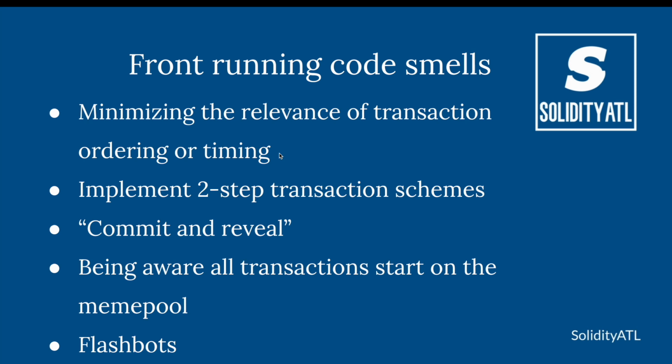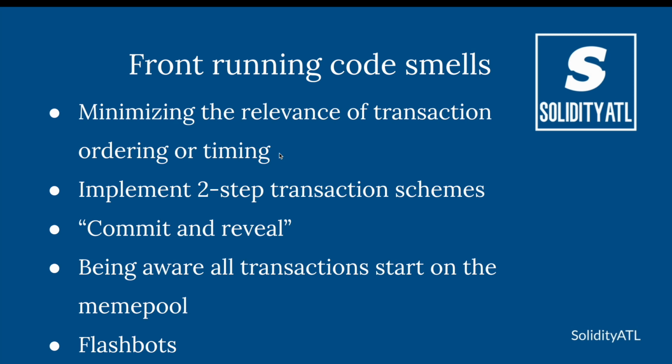For example, you may hear a two-step transaction scheme such as two-step claiming. If someone has the ability to claim, let's say, some funds out of a smart contract, they may need to first submit a request to make this claim, and then in the second transaction, they'd have to submit the actual transaction to claim these funds.